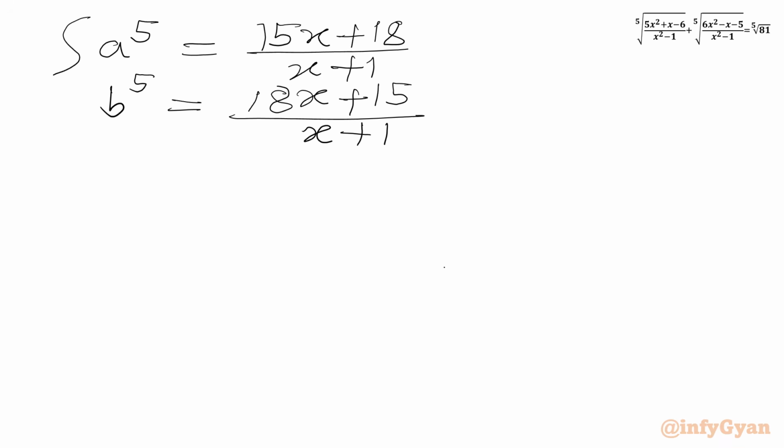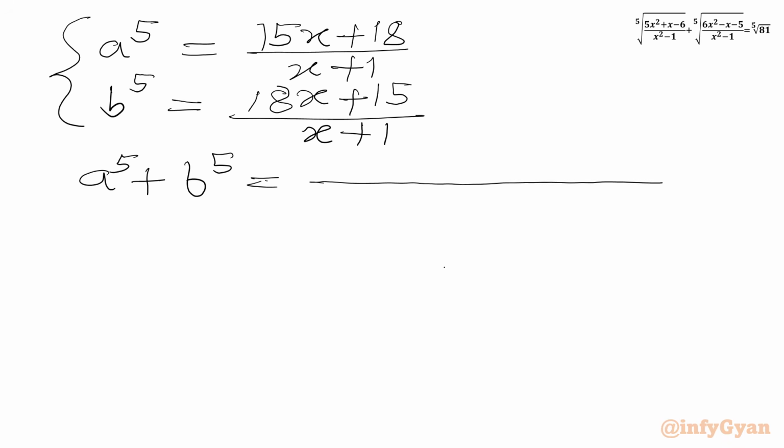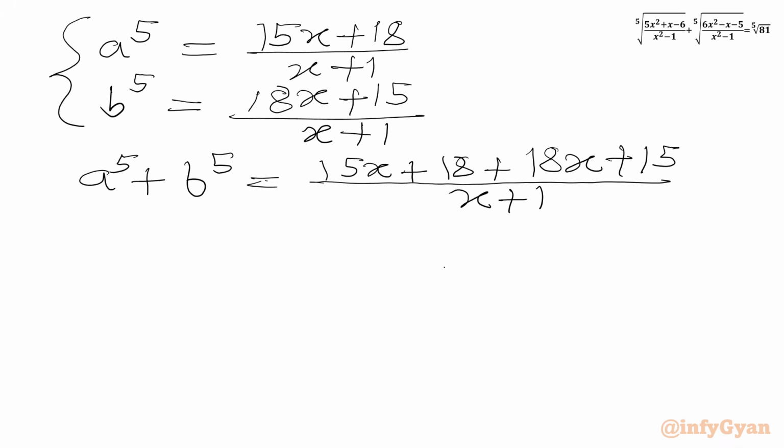We'll add both the equations. So a power 5 plus b power 5 will be equal to, common denominator is x plus 1, in the numerator we'll add 15x plus 18 with 18x plus 15. So 15 plus 18 is 33, we'll write 33x, plus 18 plus 15 is again 33, over x plus 1.